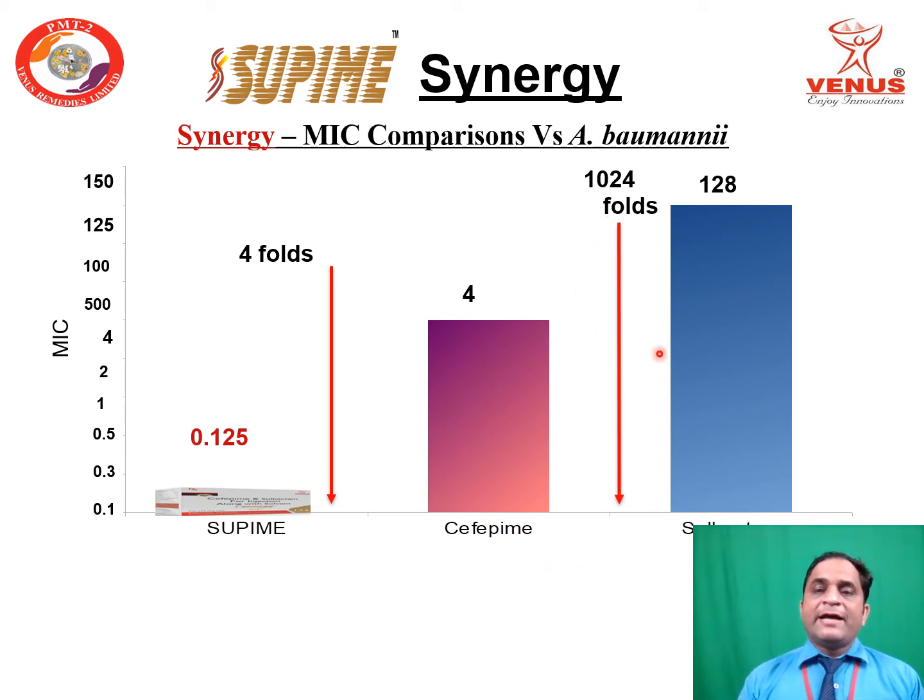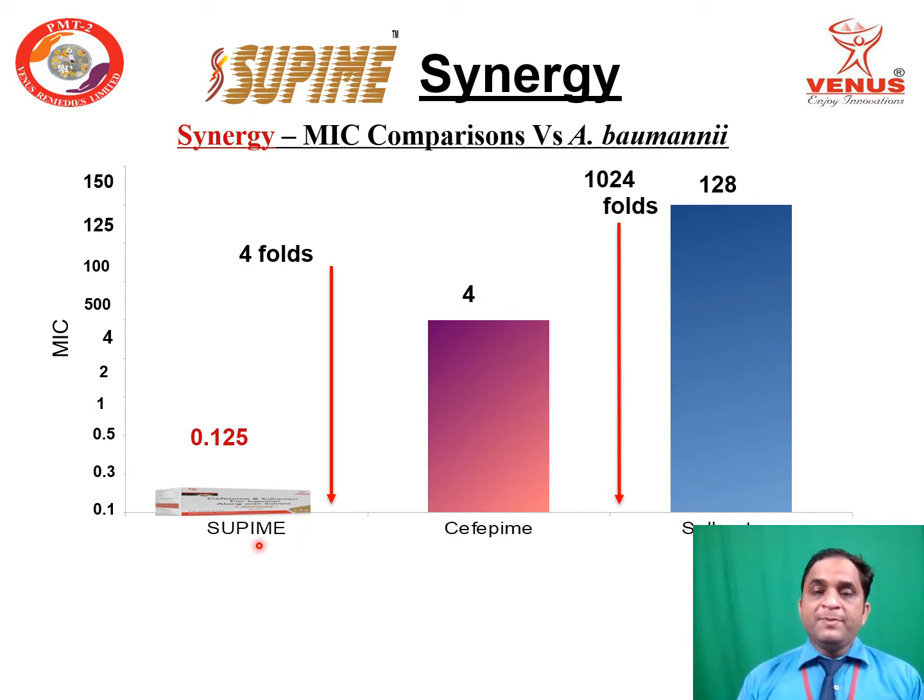In this graph, as you can see, to kill Abomni through plain sulbactam, the MIC should be 128, and to kill Abomni through plain cefepime, the MIC should be 4. So separately, sulbactam and cefepime can also inhibit Abomni, but there is a requirement of higher MIC.